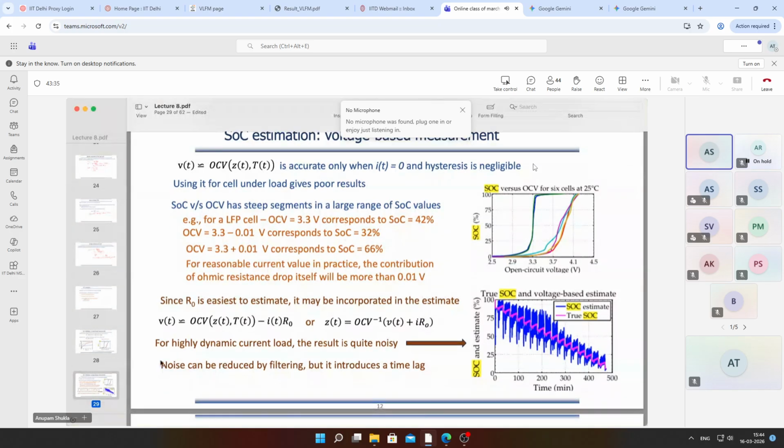So what this data shows us is that just using OCV, or terminal voltage measurement as a proxy for OCV, is going to give us a lot of problems in terms of SOC estimate.